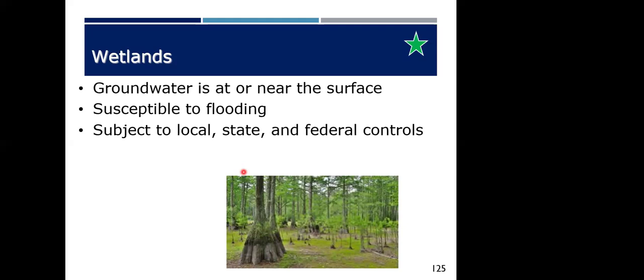We don't want that new house to sink in. Wetlands are highly regulated by local, state, and federal regulations, trying to preserve our wildlife and preserve that area. And if the government authorities determine that this is wetlands, then you're going to have some restrictions, or your buyer will have some restrictions.